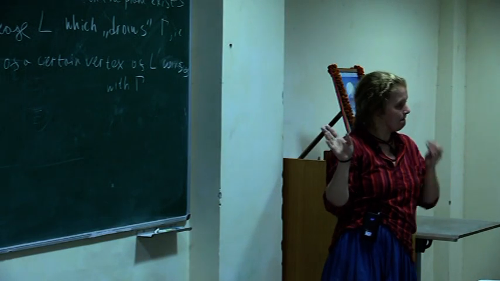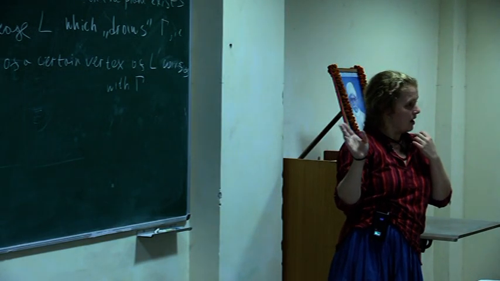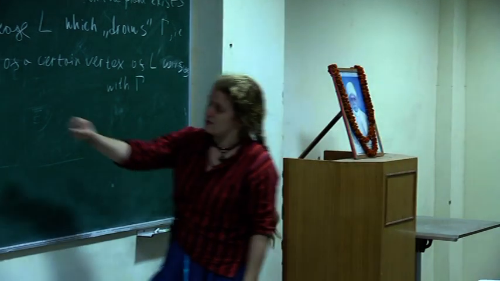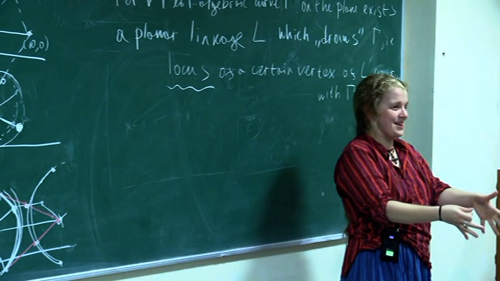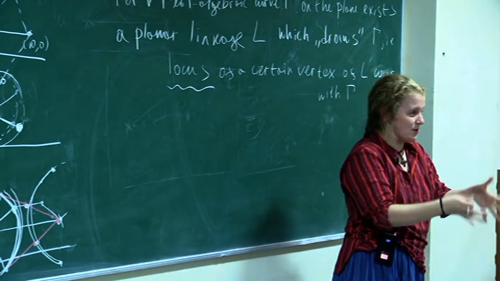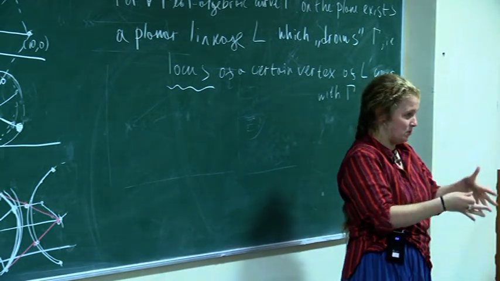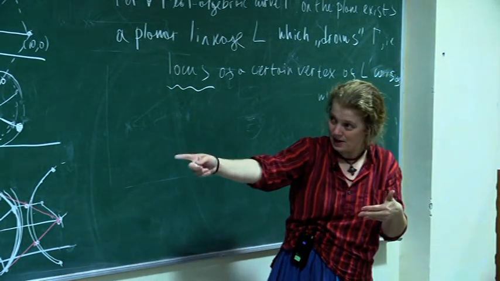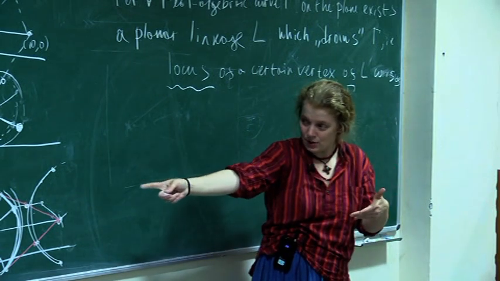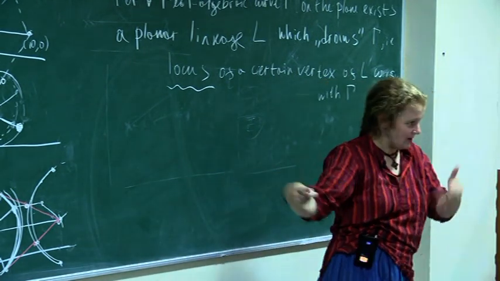Can you say more? What is the locus here? What do you mean by locus? Locus is a place, so it's the geometrical place of all possible positions of this vertex. For example, for a pendulum, it was a circle. For a quadrangle, it depends on the point.